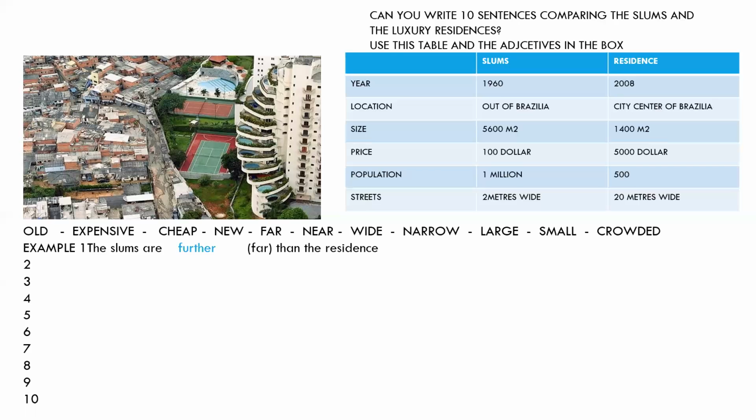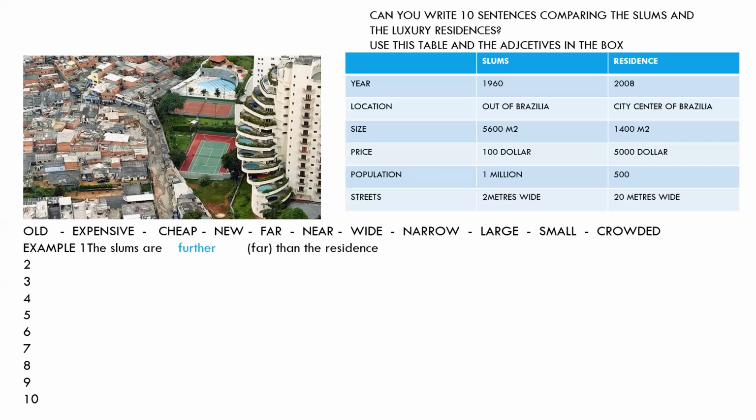The residence is 1,400 meters square. The price, look at the difference. 1 month of rent in a slum is $100 if you pay rent. 1 month rent in that residence is around $5,000.